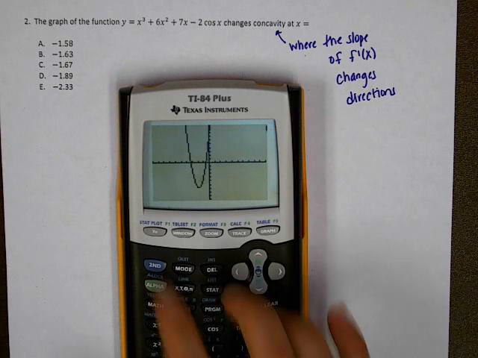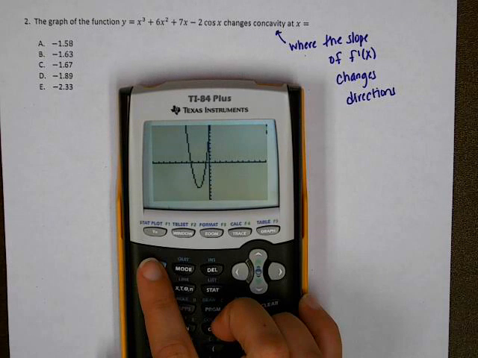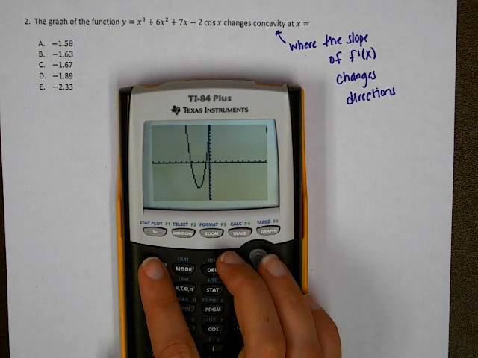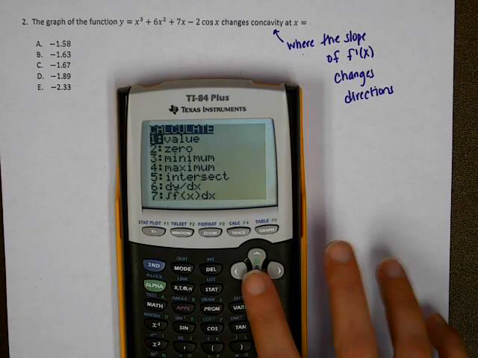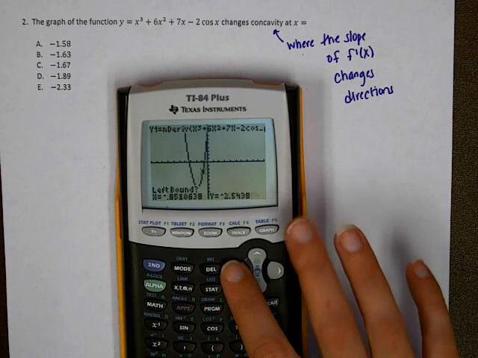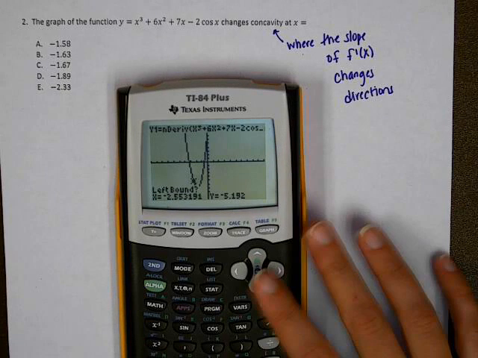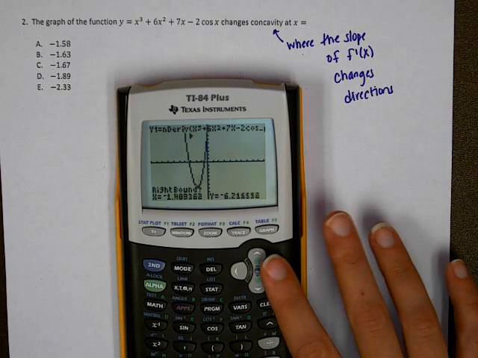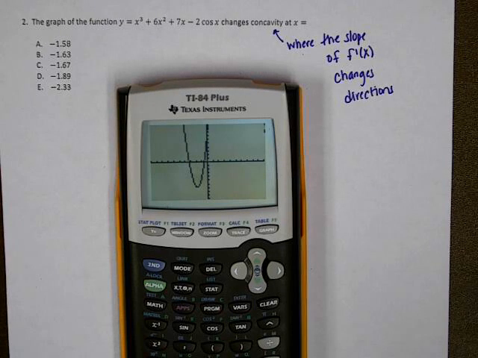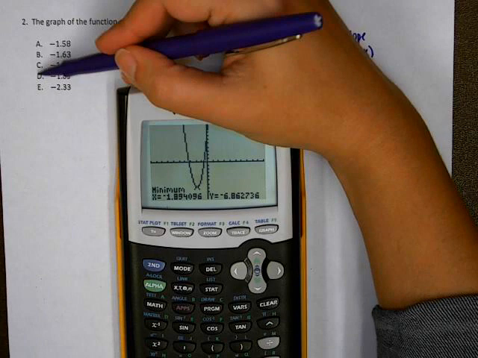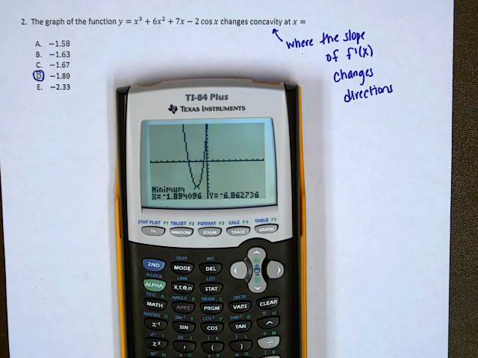That's much better. So I'm going to go to calculate my minimum again, because I typed in my equation wrong last time. I apologize. Here to here. I get -1.89, which is right here.